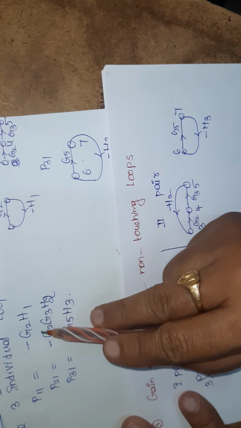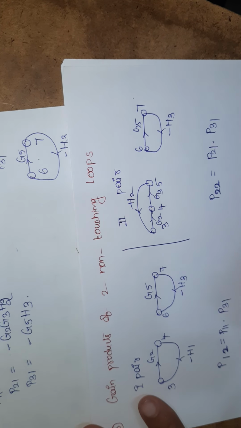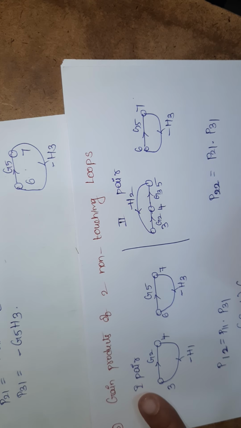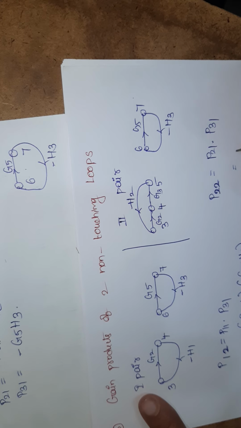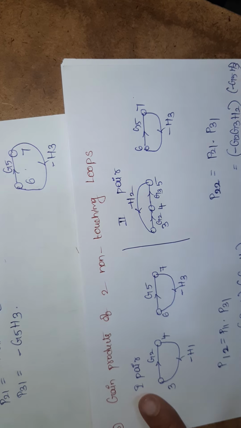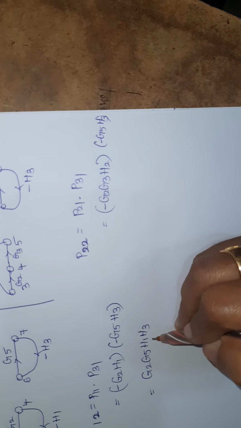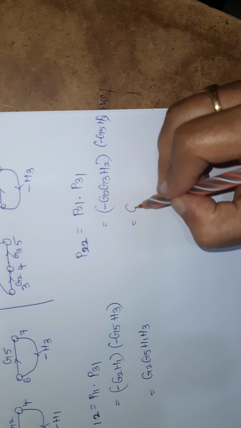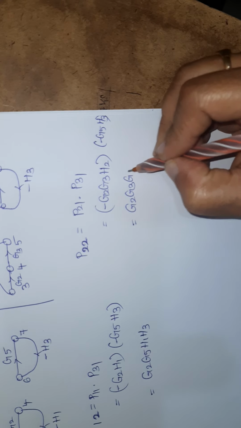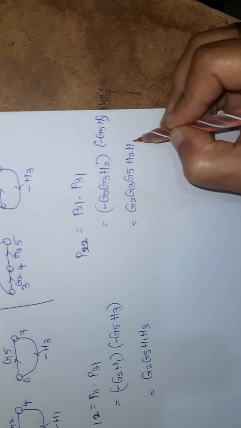P11 is minus G2 into H1, this one, minus G2 H1 into minus G5 H3, and here minus G2 G3 H2 into minus G5 H3, G2 G5 H1 H3, here G2 G3 G5 H2 H3.